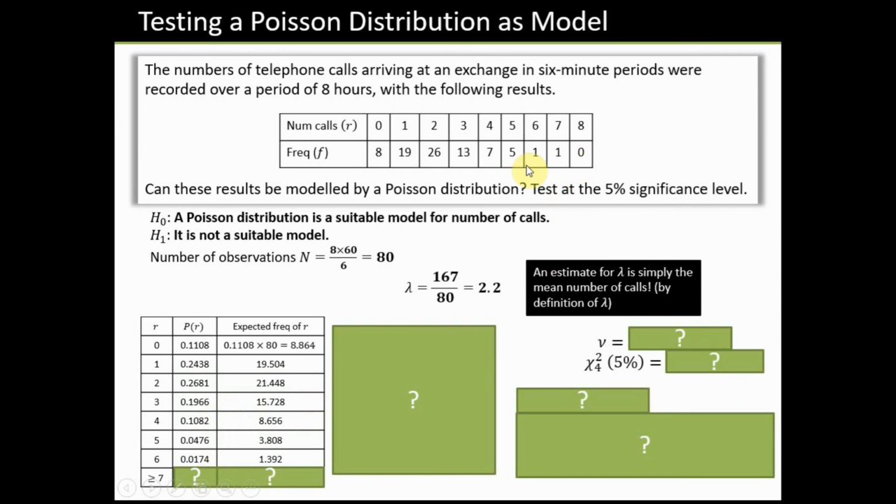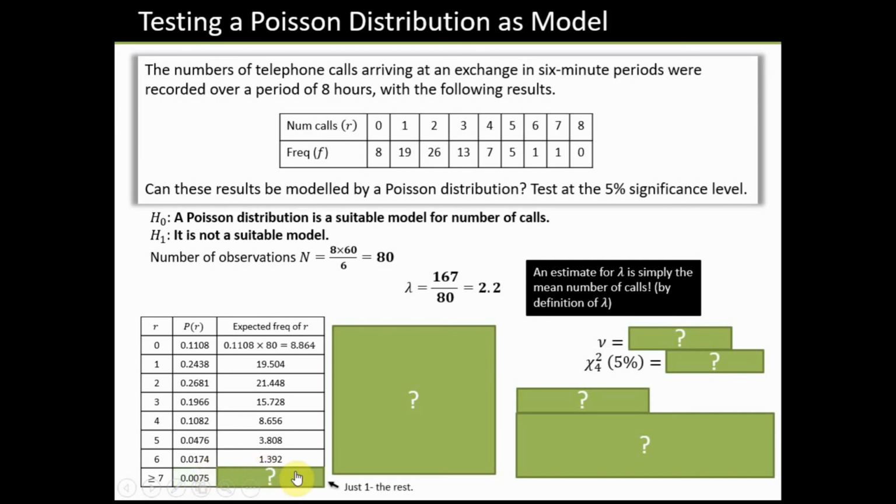And because this table we're assuming gives us all the data, we're assuming that 9 would be 0, 10 would be 0, 11 would be 0, and so on. So our last column, in fact, is just 7 or more.